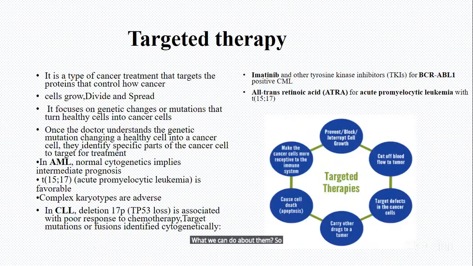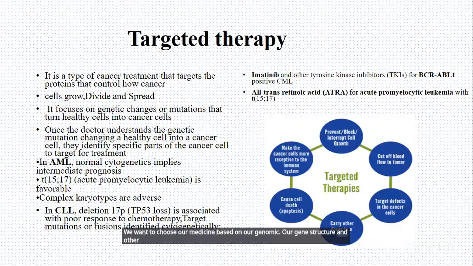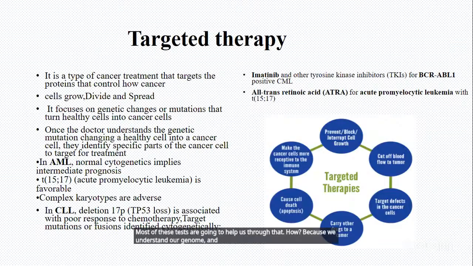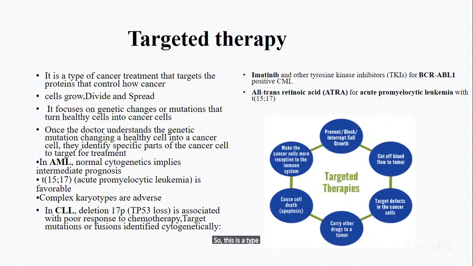So in targeted therapy, we want to choose our medicine based on our genomic, our gene structure and other things. Most of these tests are going to help us do that. How? Because we understand our genome and what is lacking. So this is a type of cancer treatment that targets the proteins that control how cancer cells grow.